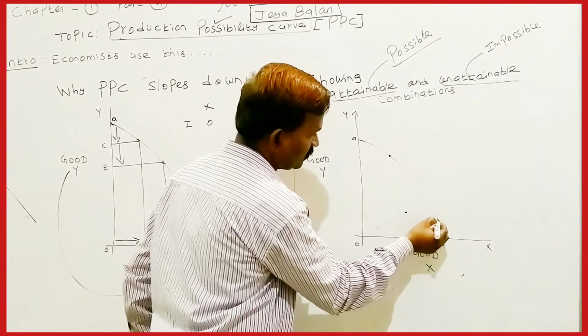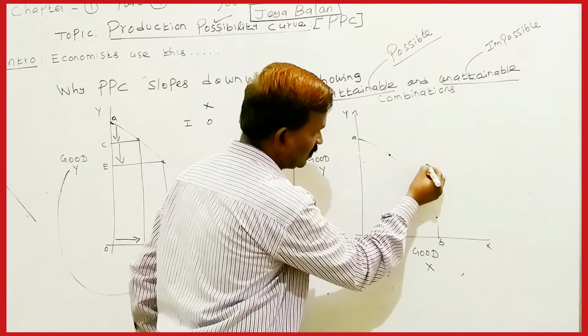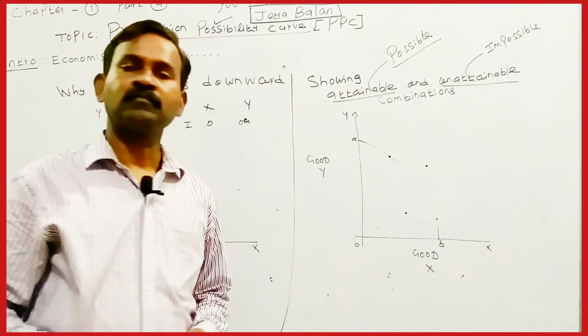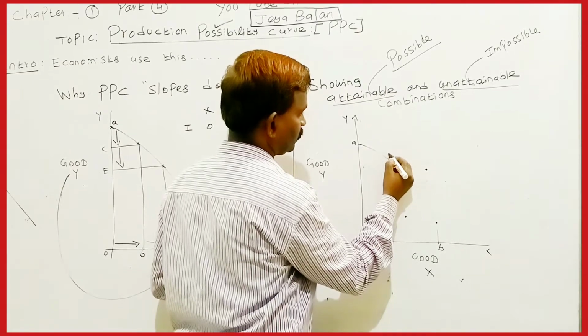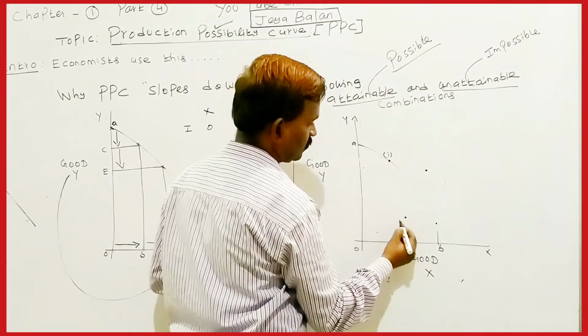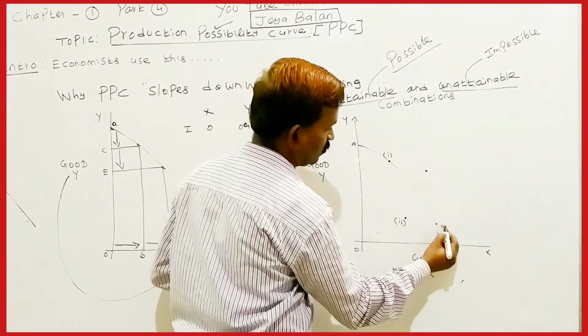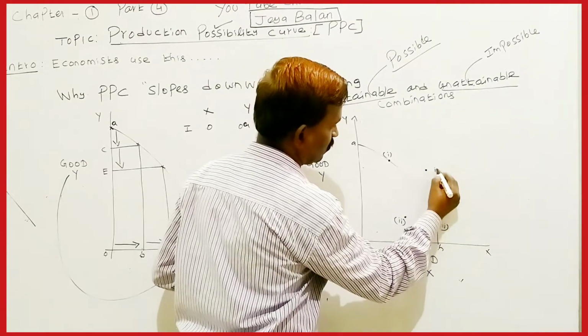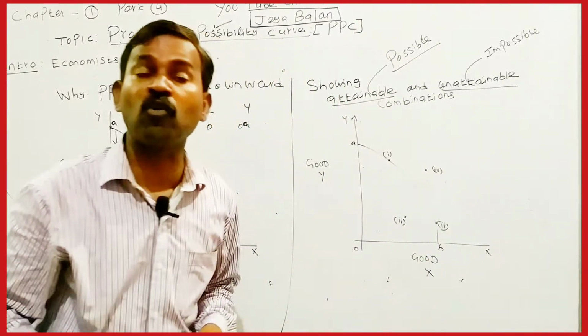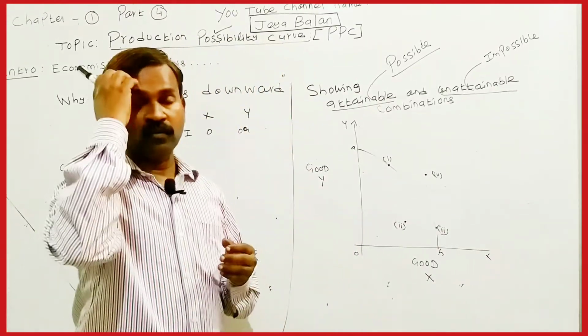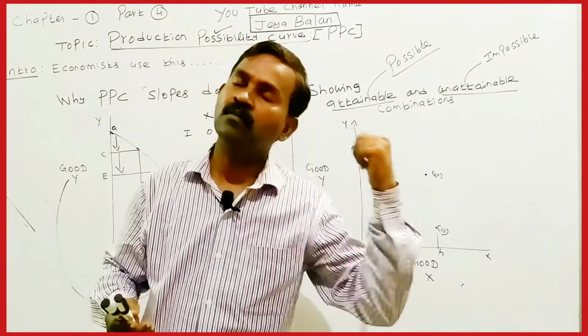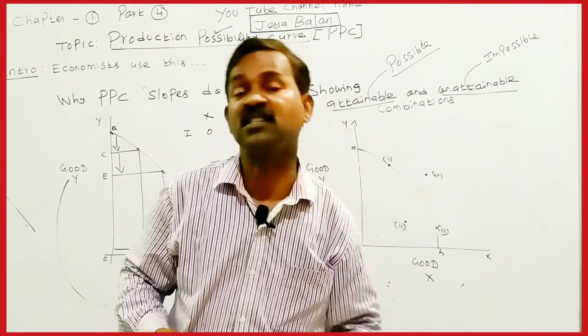Another one is here. Another one is here. Let me name it as number 1, number 2, number 3, number 4. I have plotted 4 points on this diagram. So I am going to explain only 3 types. Types are 3, but the points plotted are 4 for your better understanding.